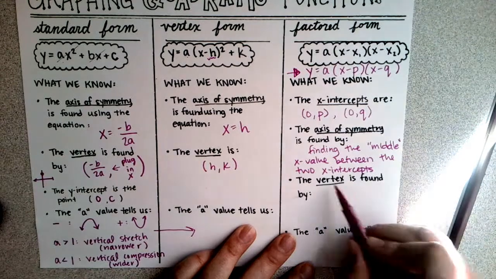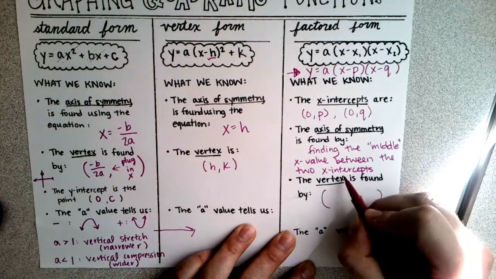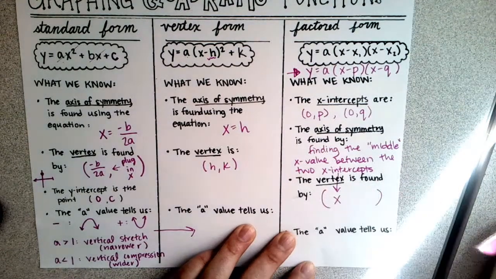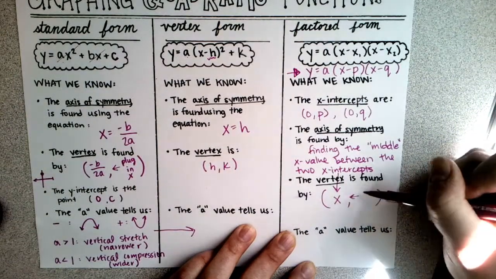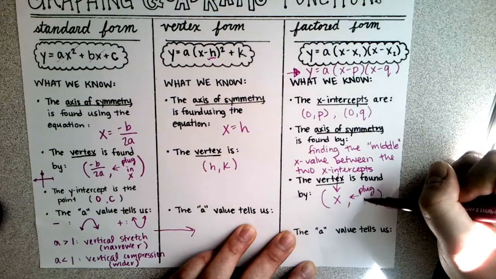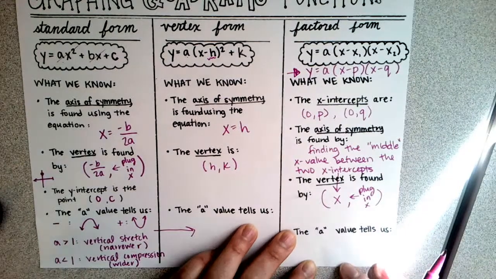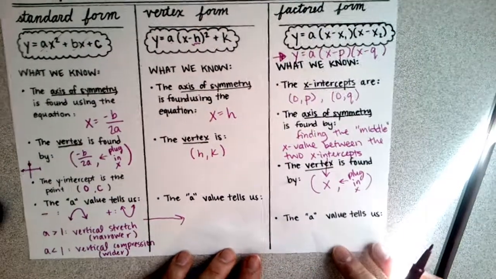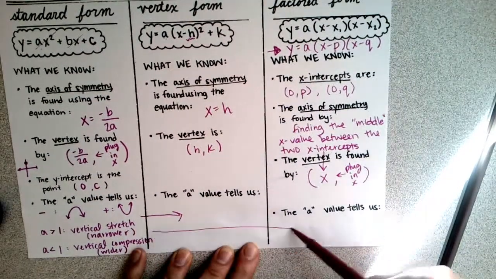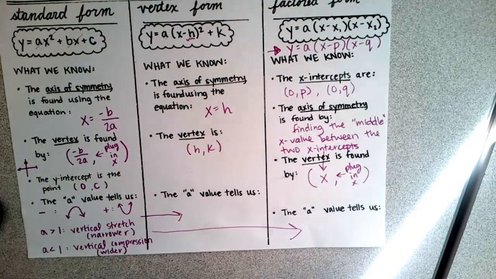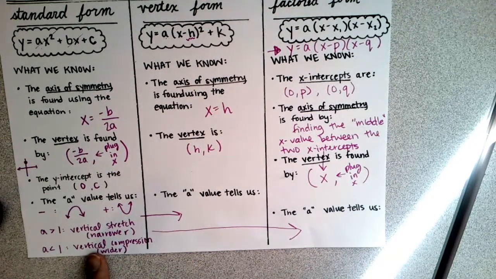And then the vertex, we take this x value of our axis of symmetry, and then to find the y value, we plug in x. And then the a value, again, I'm not going to rewrite this because a value always means the same thing. All of the things that were true in standard form are still true in factored form.